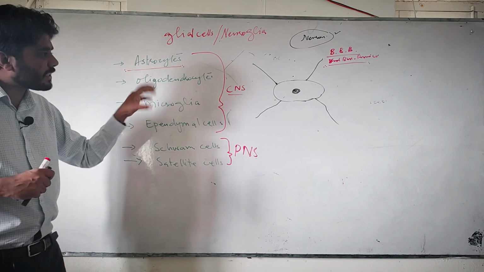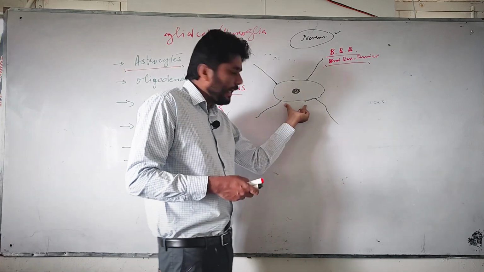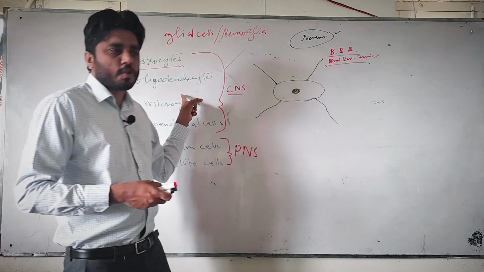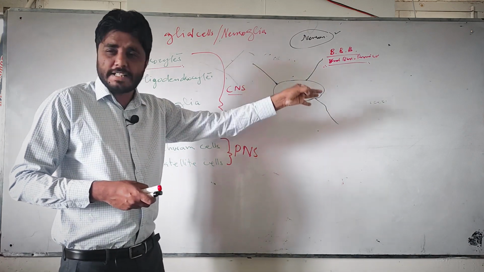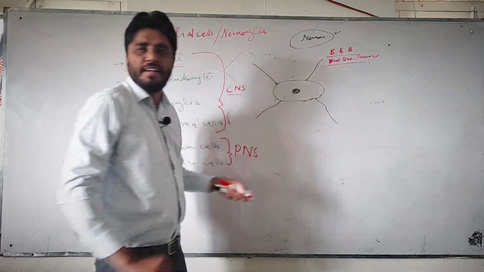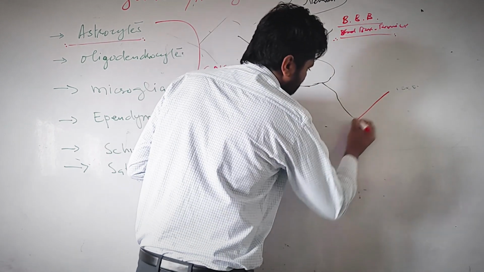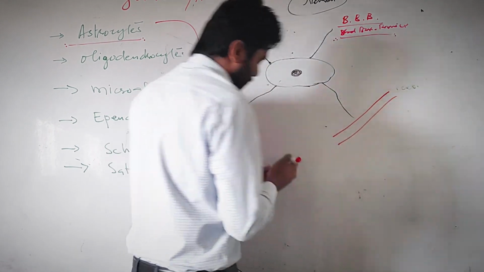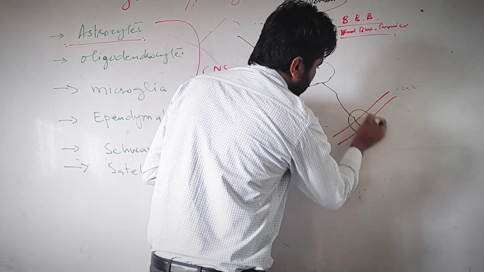But still there are many other differences like that, because a single oligodendrocyte can myelinate many axons. For example, they have many cellular projections. So here, if there is an axon moving, this projection will wrap around that axon.